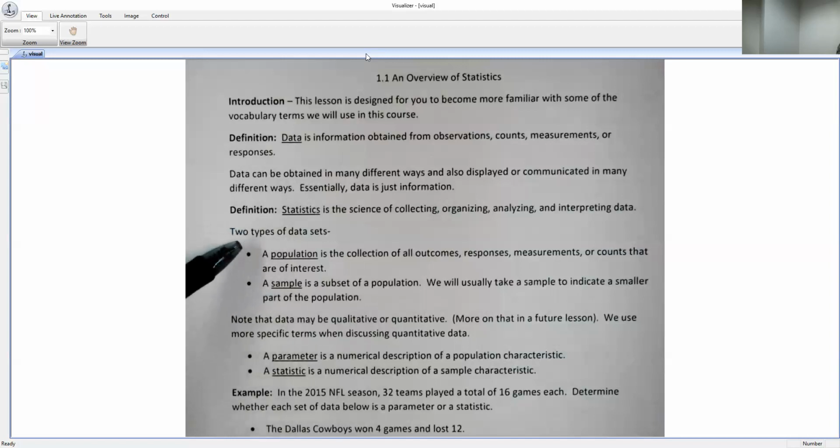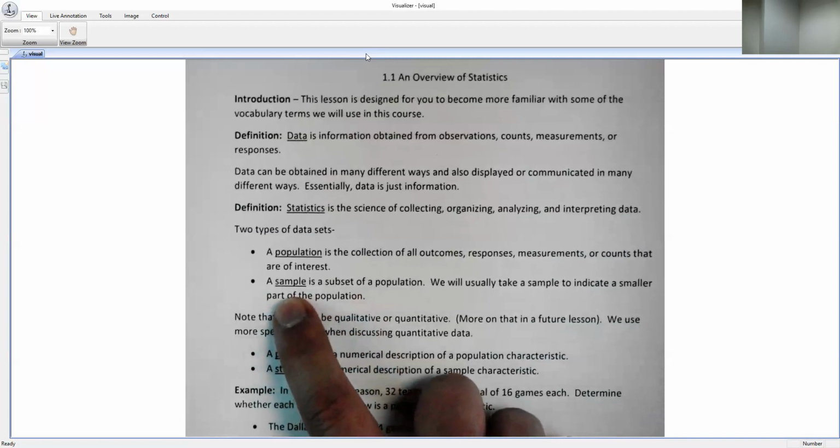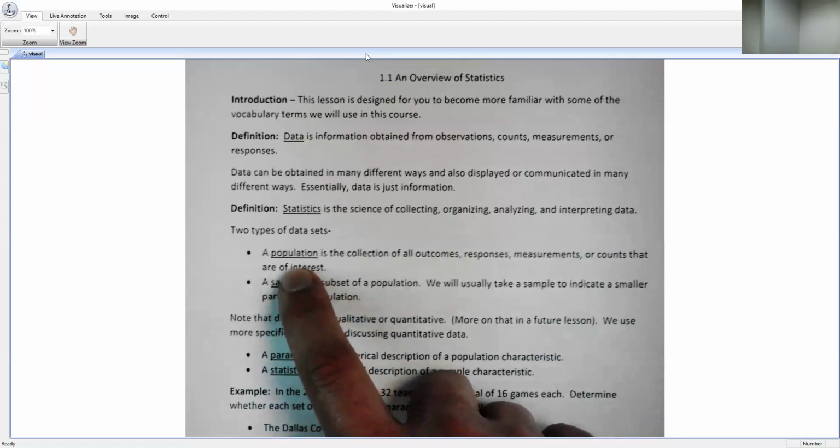Okay, two types of data sets that we'll talk about are population and a sample. We use the word population to talk about all the outcomes that are of interest. So for instance, if we talk about the United States population, we're talking about every person that lives in the United States. A sample would be some subset of that population. So if we take all the people that live in Texas, that would be a sample for all the people that live in the United States, which would be our population.